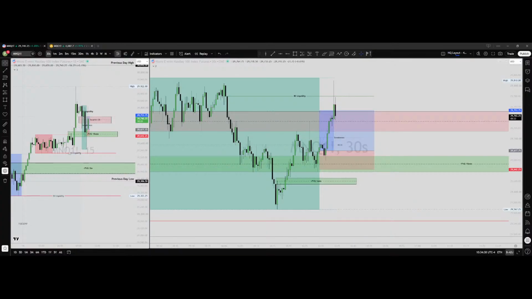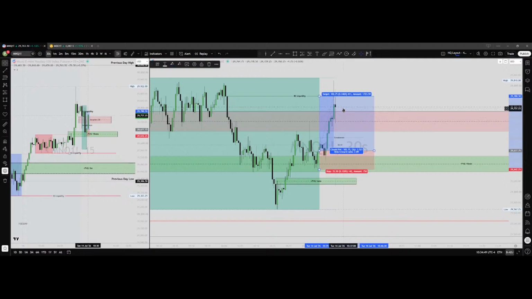There's some news coming in which is ridiculous right now. So this was the trade. The drawn liquidity is still up higher, but this was a good trade. Got 102 points right down there.